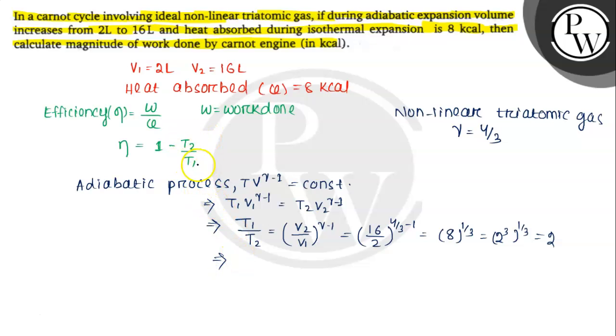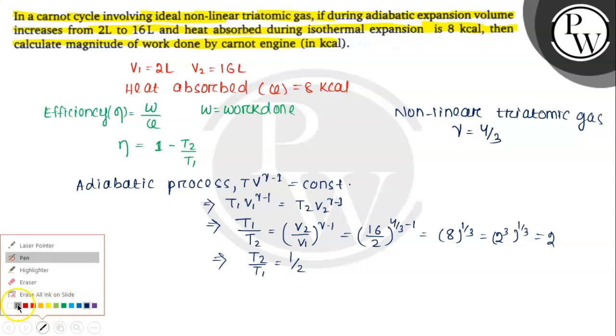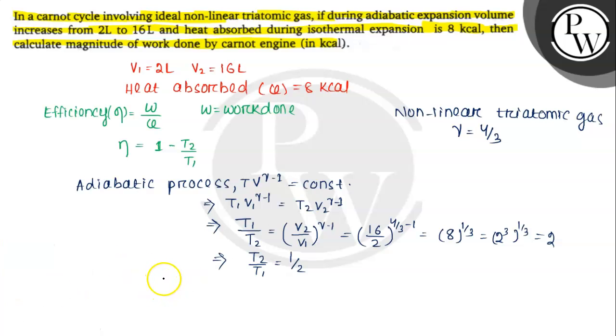But we have to find out T2 by T1. So T1 by T2 is equal to 2. That means T2 by T1 will be equal to 1 by 2. Now we can put it in the efficiency. Efficiency is W by Q and efficiency is also 1 minus T2 by T1.